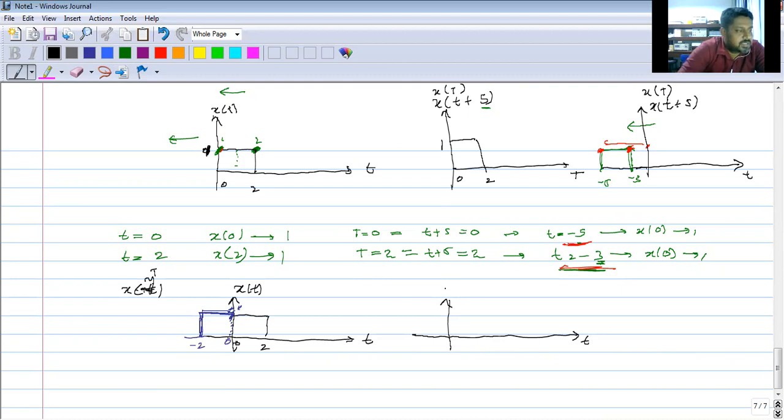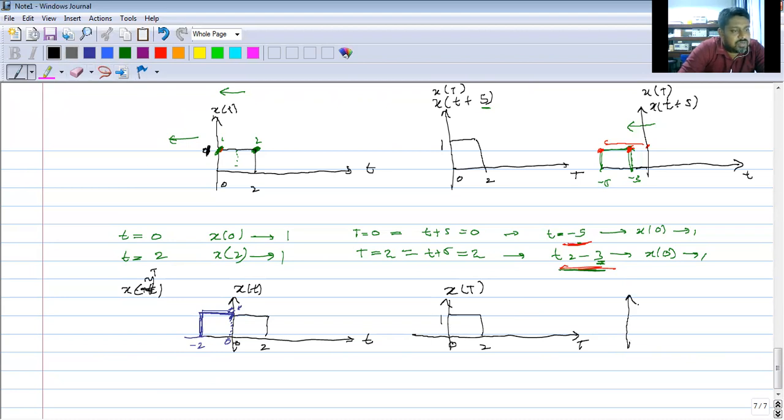So here I put x(T). If I draw x(T) with respect to capital T, I will get the same signal, 0 to 2, no change.